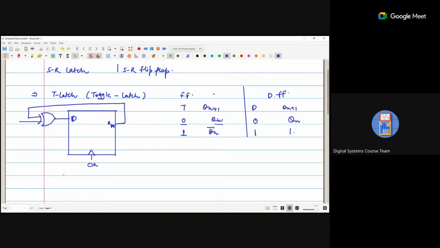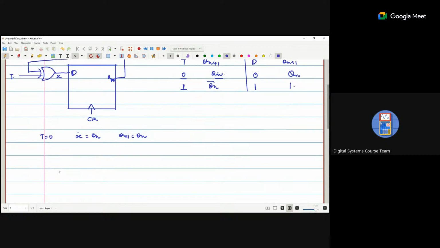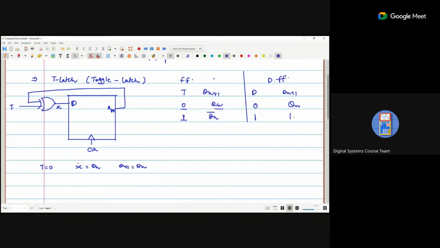So when T is 0, this is X, and X is Qn because it is an XOR gate. When T is 0, X is Qn. If X is Qn, then Qn plus 1 is also Qn, because the D flip flop says that the output follows the input.